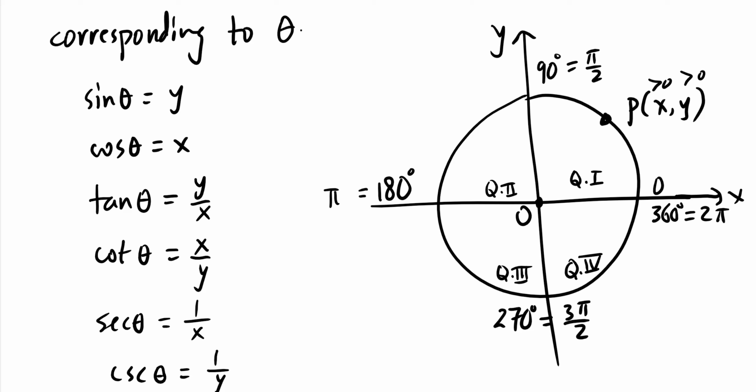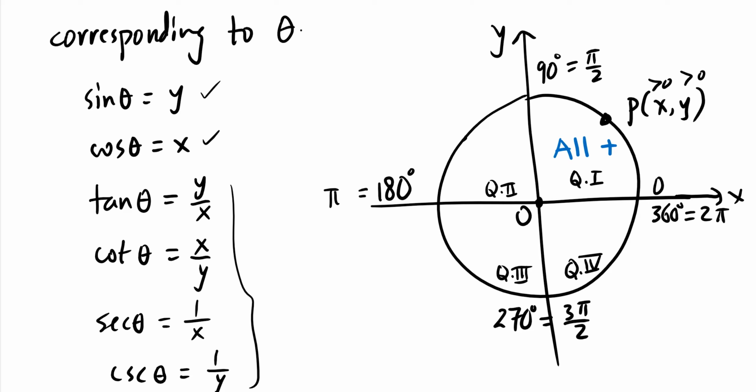So this means in that quadrant, both sine and cosine are positive, because sine is y and cosine is x. Notice how the other trig functions are written in terms of x and y. So this means all the trigonometric functions are positive in here.